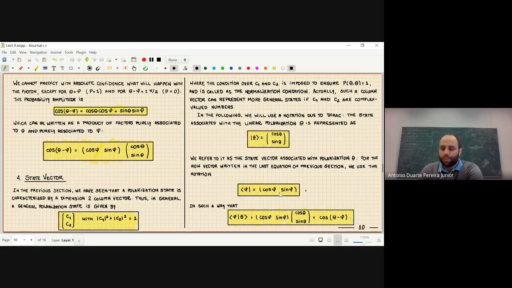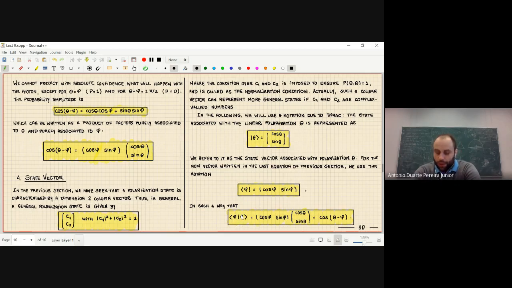And now I can take the product of these two vectors. If I take the product between a row vector and a column vector, I get a scalar. This is a scalar product, and the notation for that is the well-known Dirac bracket notation.